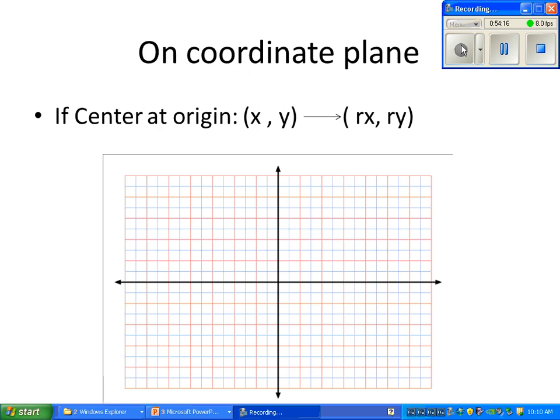R is the scale factor. If the scale factor was 2, you just take 2 times each x, 2 times each y. It's going to give you new points, and you put those new points on there. If your scale factor is 1/2, you take 1/2 times each x, 1/2 times each y. And you graph those new points, and it's going to show your shape getting bigger or smaller.